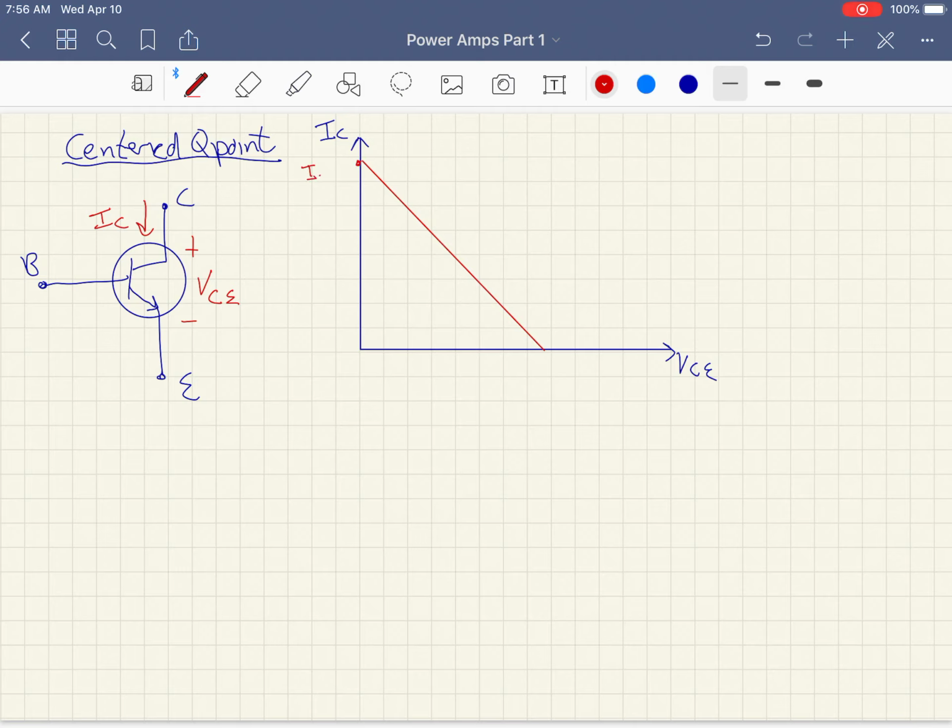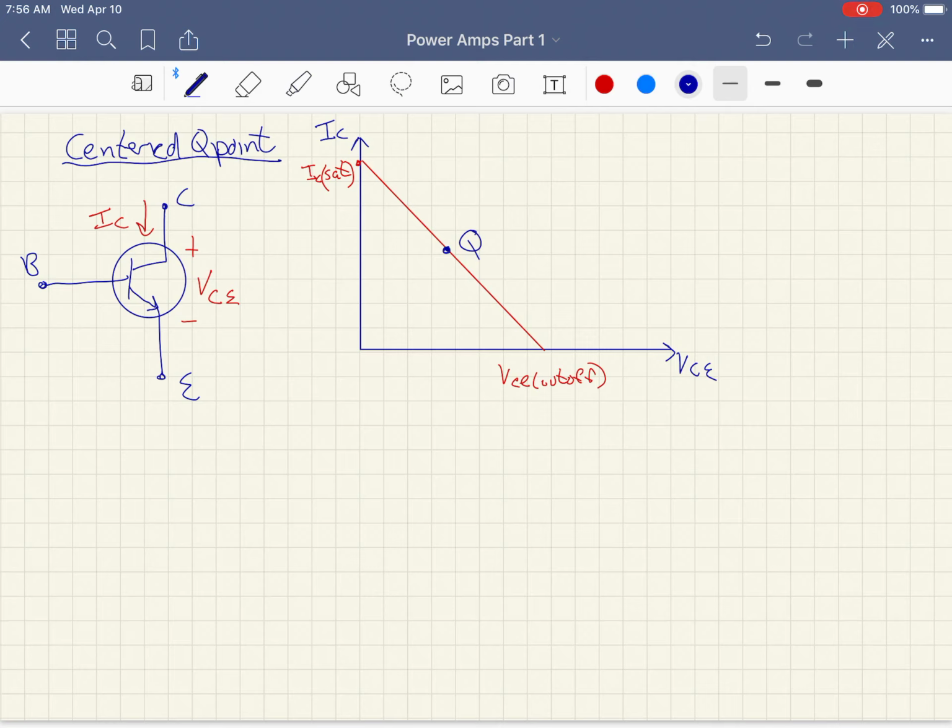We've got IC saturation here, I'll put sat in parentheses, and we've got VCE cutoff here. And if you remember, Q point. I'm going to draw my Q point. This is supposed to be right in the center of this load line. But we've got a Q point here.